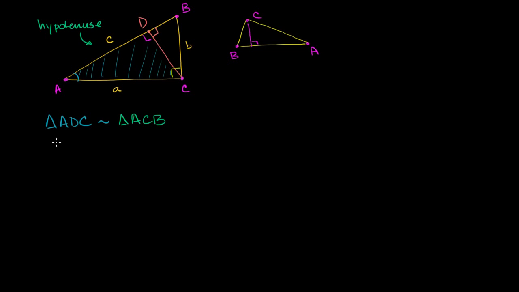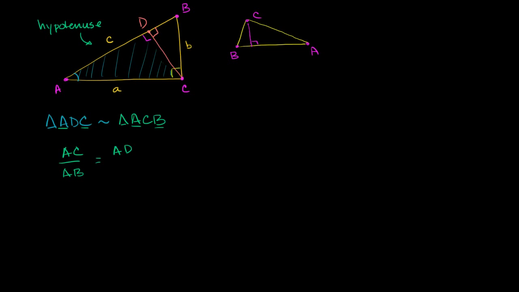So we could take the ratio of the hypotenuse of the smaller triangle, so the hypotenuse is AC, over the hypotenuse of the larger one, which is AB. AC over AB is going to be the same thing as one of the legs, AD, over AC.